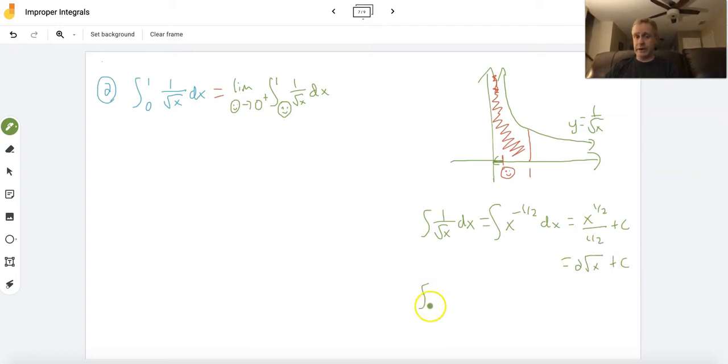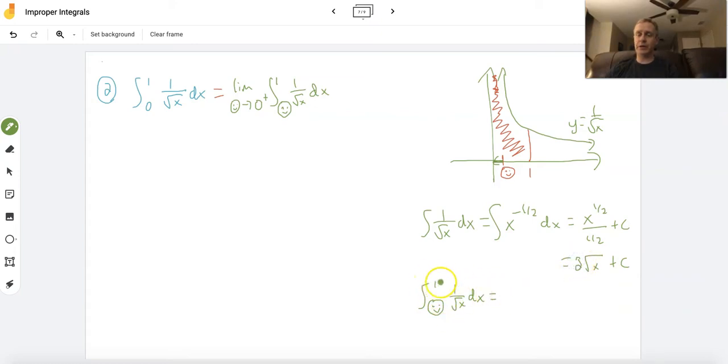If you happen to forget to write the plus c there, in this particular example, ultimately we're using this to help evaluate our definite integral, so no biggie, you won't lose credit.